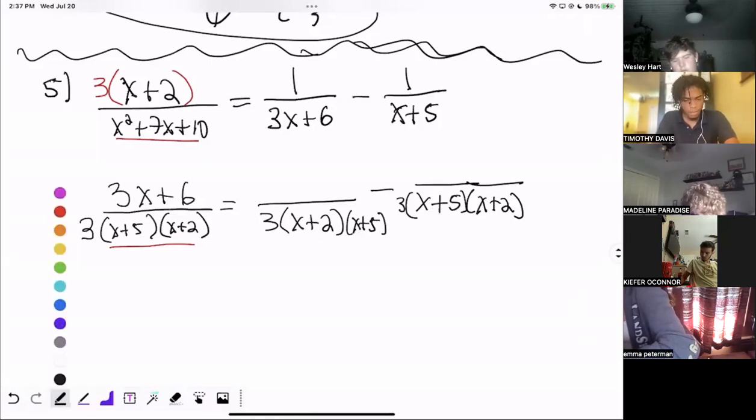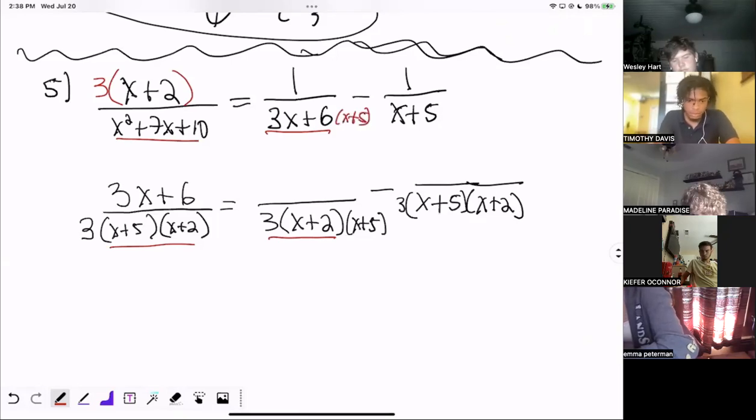This one is this. So I'm just missing the x plus 5. So I know I need to multiply this by x plus 5, which means this becomes x plus 5. But 1 times x plus 5 is just x plus 5.